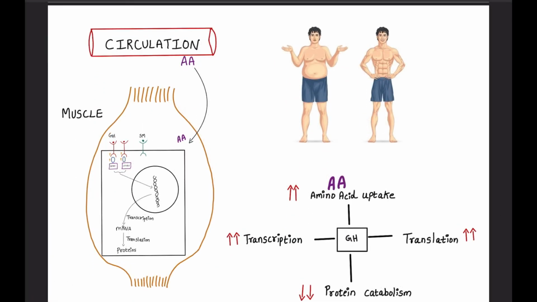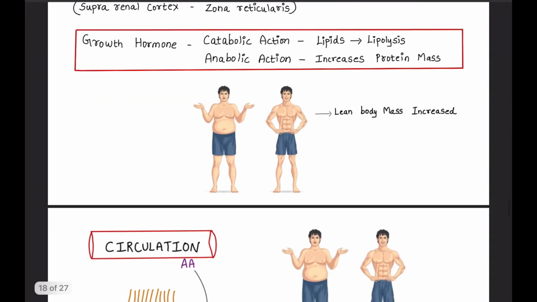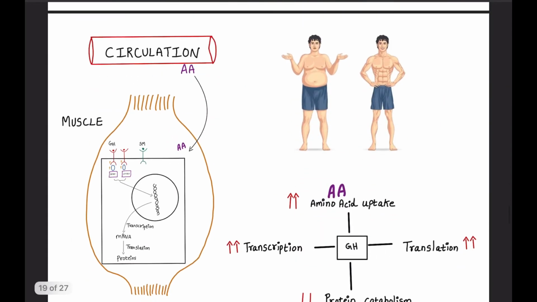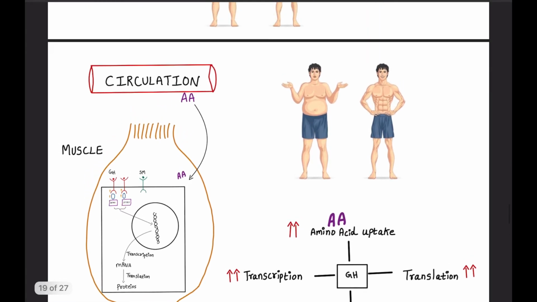So whenever there is increase in the growth hormone, we have discussed already that there will be increase in the protein mass, and there will be breakdown of lipids. So what happens, we will see here in this picture.